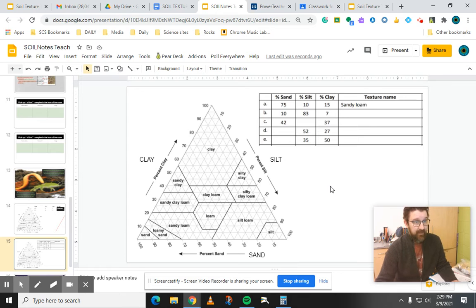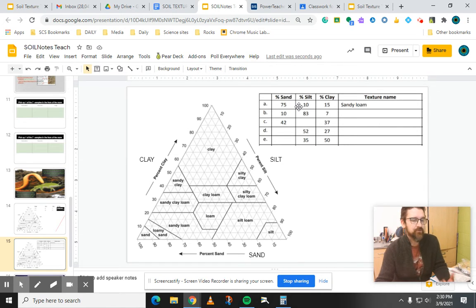So anyway, we'll just pick one of these to do. And actually, I'll do D because D is a pesky one for a couple reasons, and it'll be a good one to show that. But ultimately, what we're doing is we're basically saying if I have a soil sample, that's 100% of my sample.